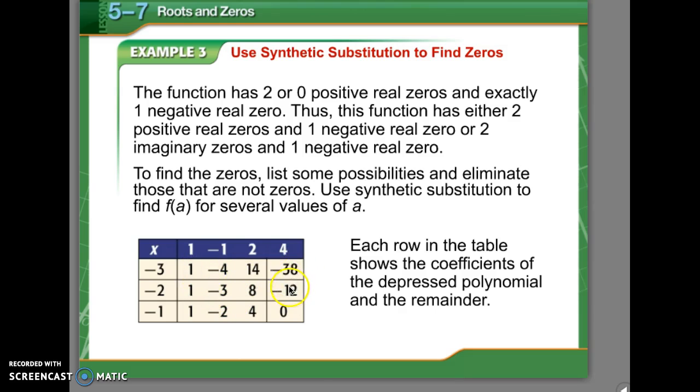You'll notice each time over here, negative 38, negative 12, and 0, these are our remainders. When you get a remainder of 0, that means that the number was a 0 or a solution or a root. So negative 1, this is our answer for the negative real zero.